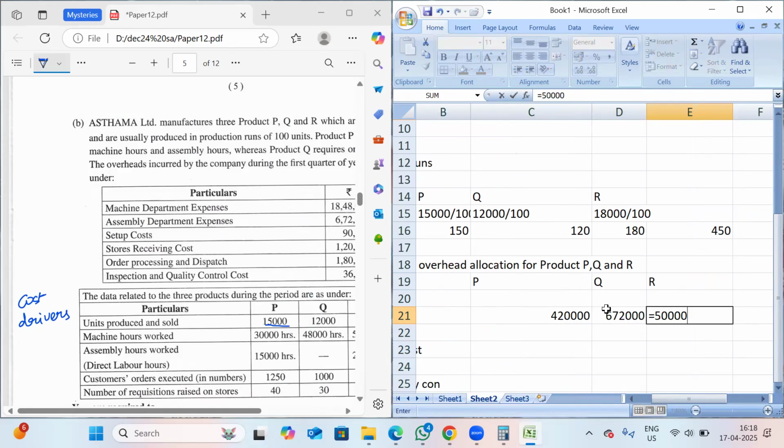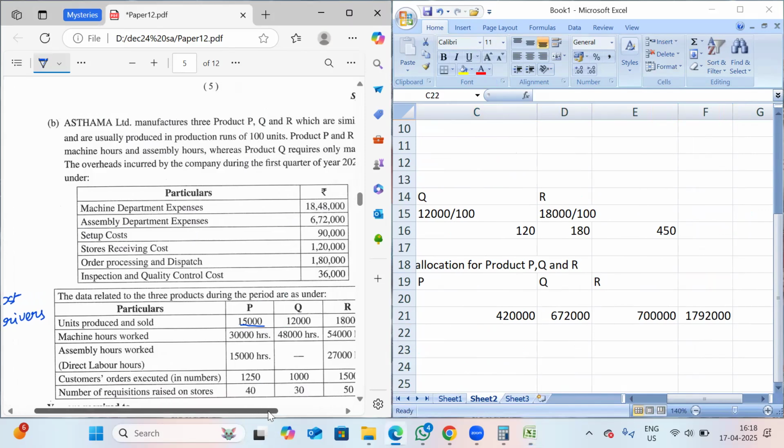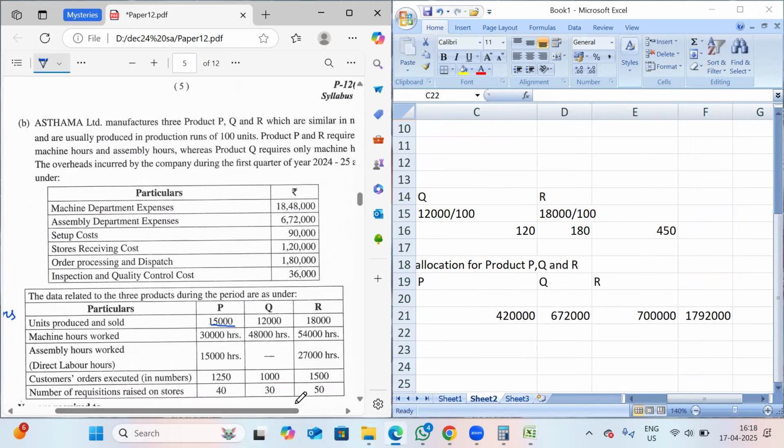So number of machine hours into cost driver rate. Total should match with my overall total, so remember to check once again. So 4,20,000, 6,72,000, and here 54,000 into 14, so 7,56,000 and the total 18,48,000.